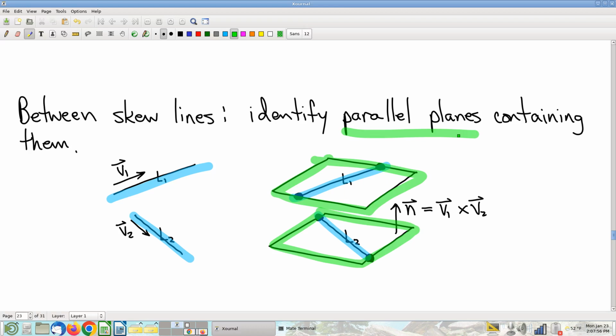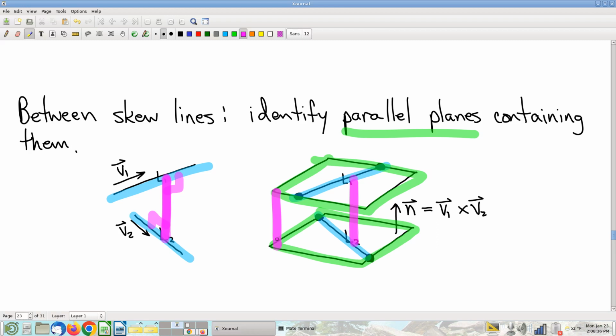So what we're going to do here, and I hope this is a believable pitch, in order to find the distance between these two skew lines, and again I want the perpendicular distance, is just find the perpendicular distance between the two planes containing them. Isn't that slick? Again, I didn't think this. Somebody showed me this. So you might not have thought of it either, and now I'm showing you. So, yeah, that's the move.